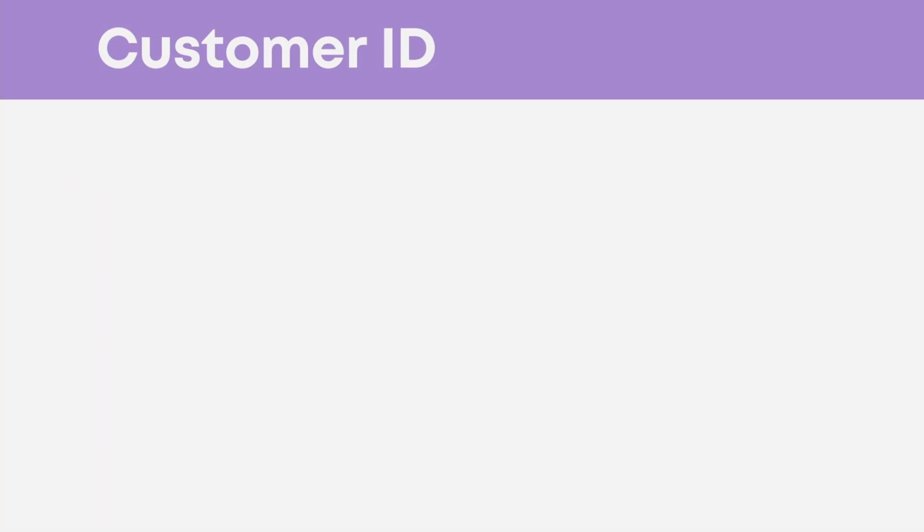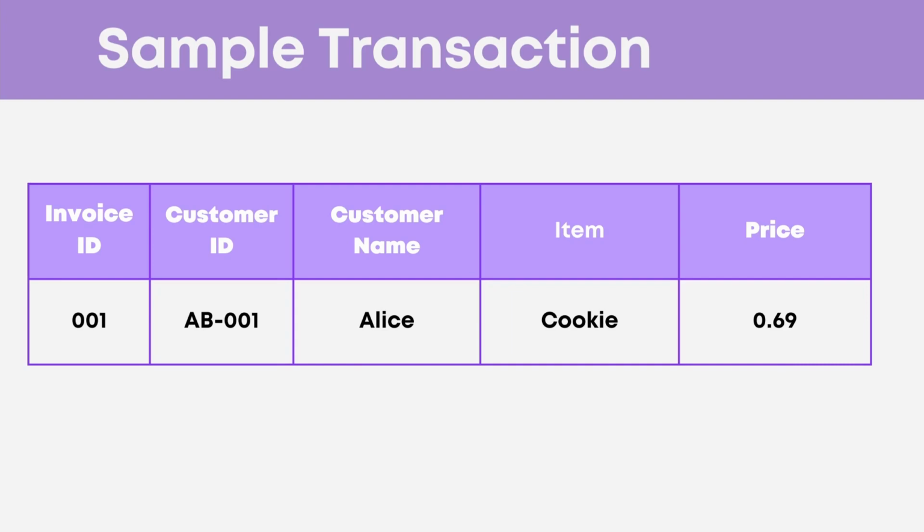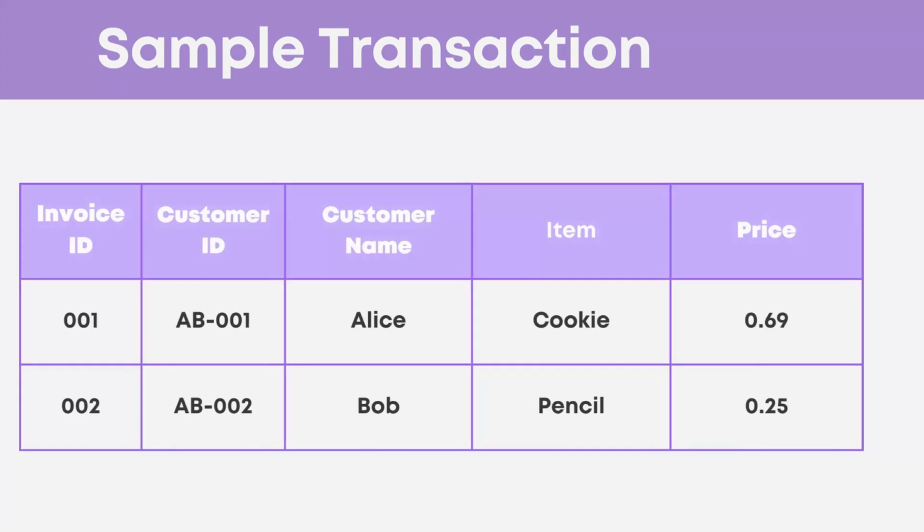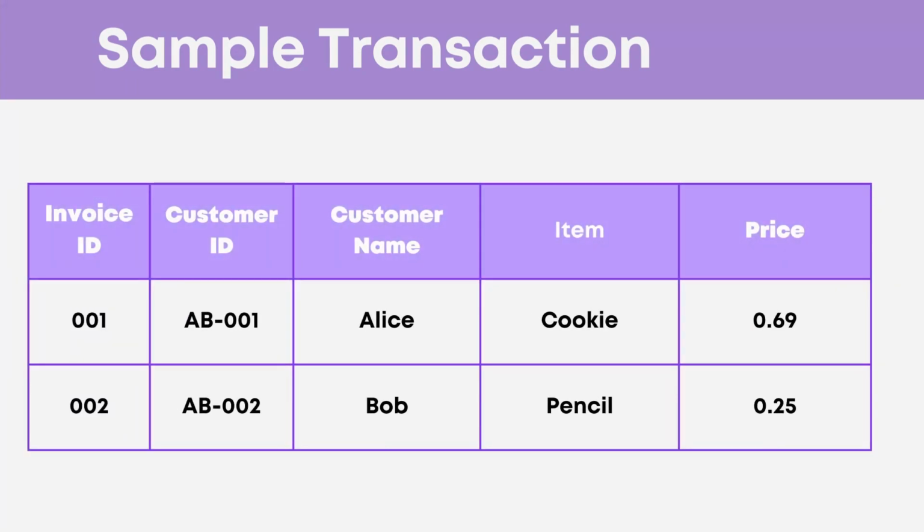Let's understand it by an example as well. If Alice buys a cookie from the supermarket for the first time, the system will generate a unique invoice ID and a unique customer ID and record the transaction in the database. When Bob comes and buys a pencil, the system will generate a new invoice ID, which is different from the previous one, and also create a unique customer ID for Bob and record the transaction.